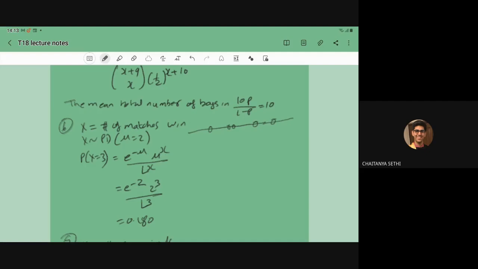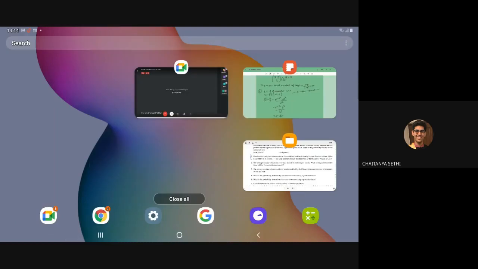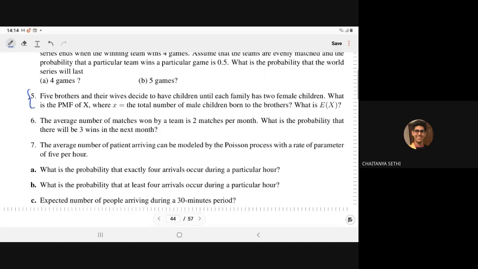Mu is the average number of matches won by the particular team. Here it is given that in a month, on average 2 matches are won by the particular team.